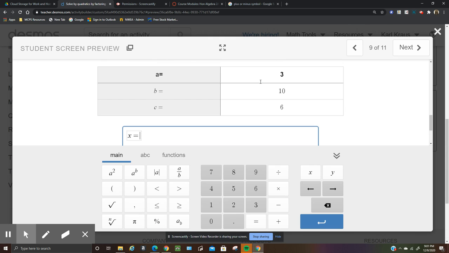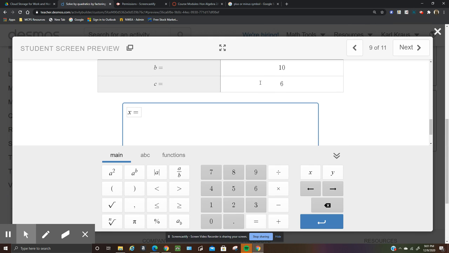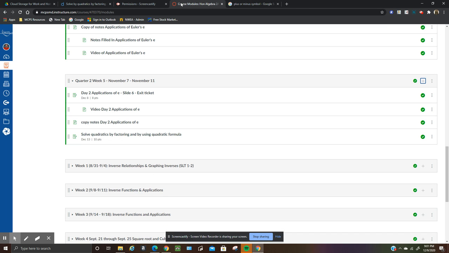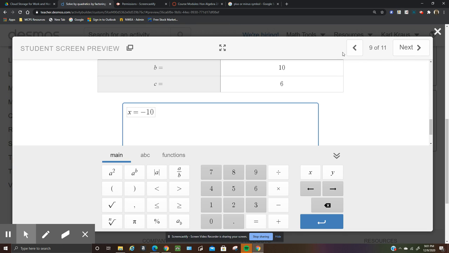So the b value is 10, so the opposite of 10 is negative 10. Keep hitting the wrong digits. The plus or minus, then the square root.